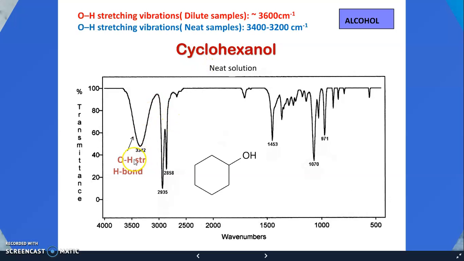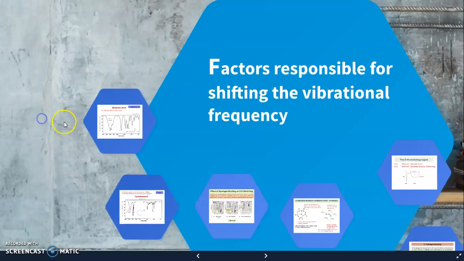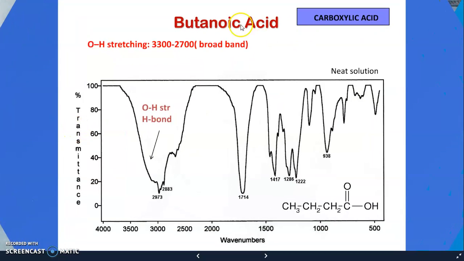And now in the acid, this is butyric acid, with a very broad peak and a different broadness as compared to the hydroxy group in cyclohexanol.